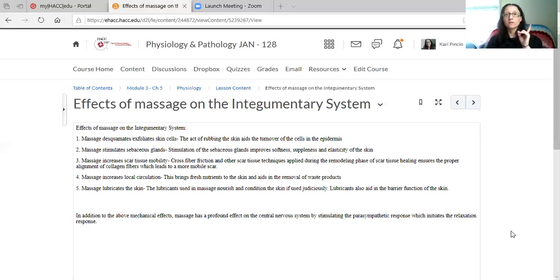We learned the difference between mechanical and reflexive effects of massage. We learned all of the mechanical effects of massage on the integumentary system, which most of them are. And then we briefly discussed one reflexive effect of massage on the integumentary system.